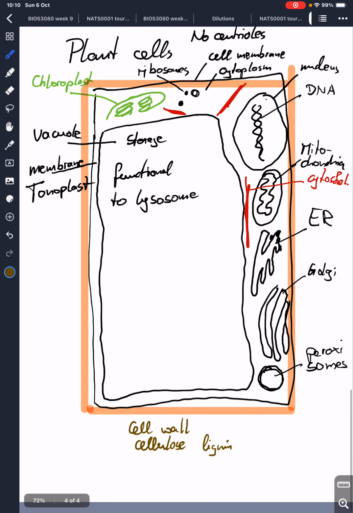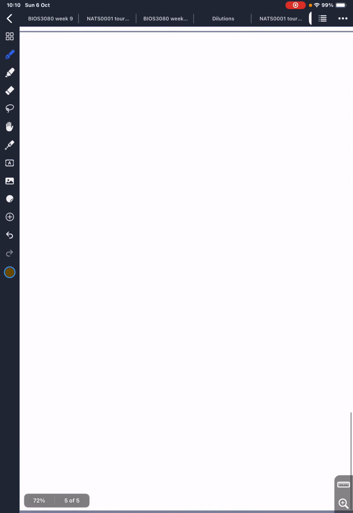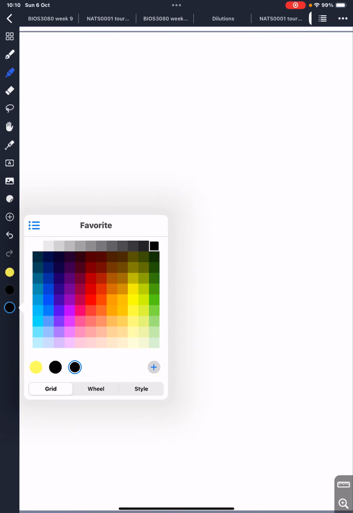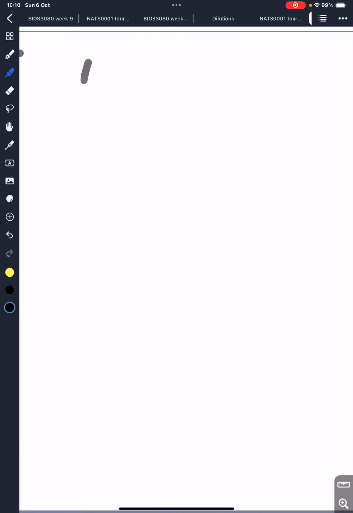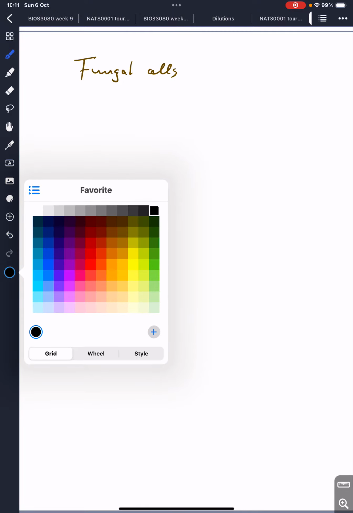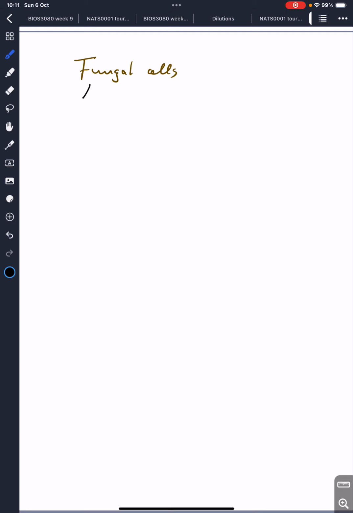Okay, so this is animal cell, plant cell. We also have, of course, fungal cells. And fungal cells are pretty similar to the animal cells. Like animal cells, they don't contain chloroplasts.